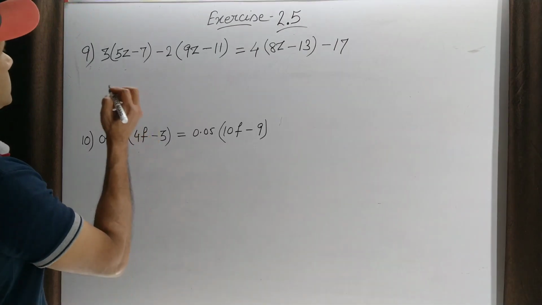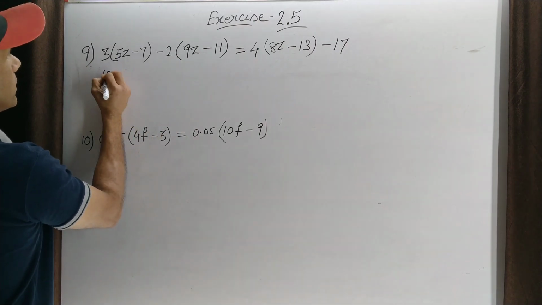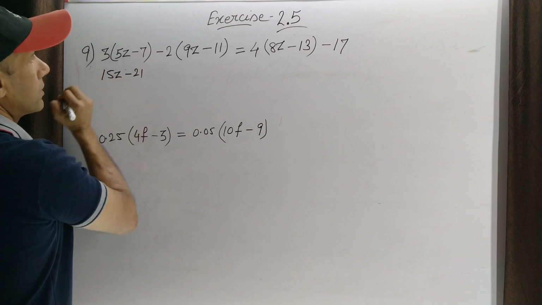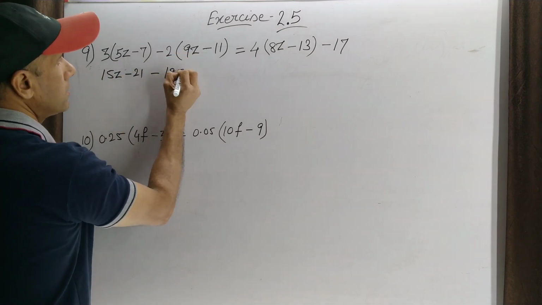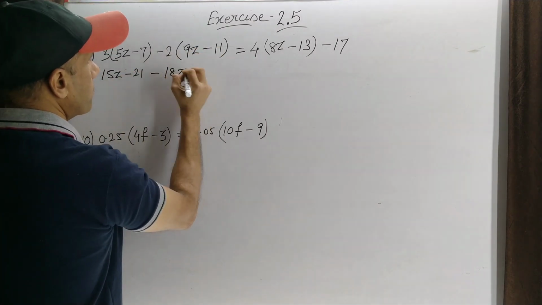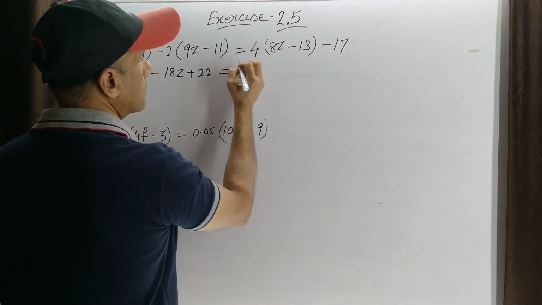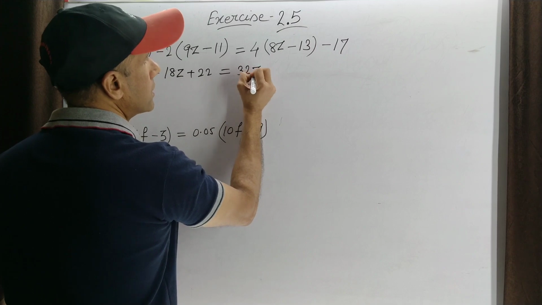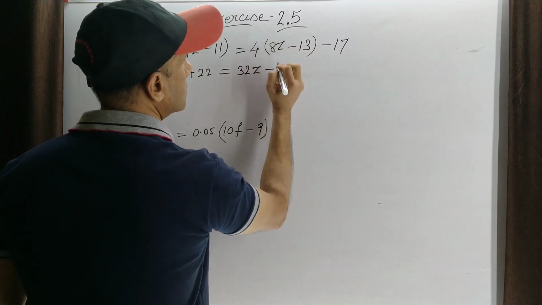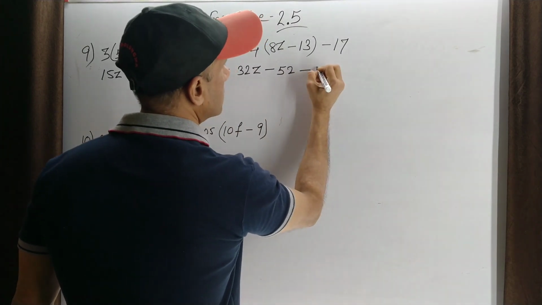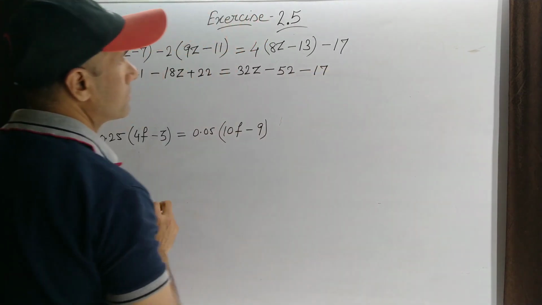Question number 9. So this becomes 15z minus 21 minus 18z plus 22 is equal to 32z minus 52 minus 17.